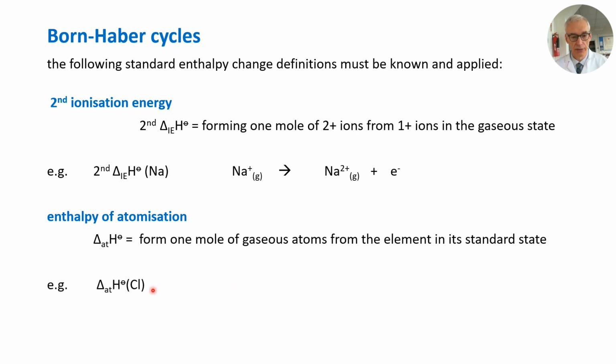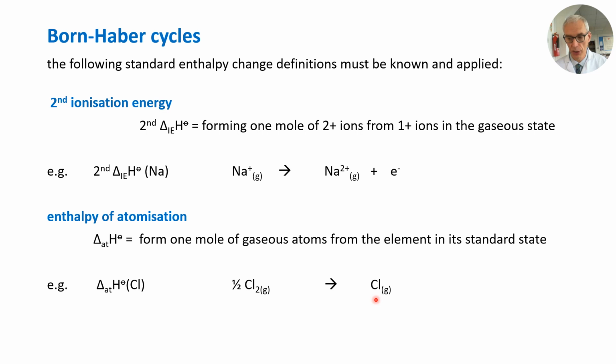So if that is the definition, can you write an equation to express the enthalpy of atomization for chlorine? Pause, write the equation. Okay, to reveal, we're forming 1 mole of gaseous atoms.